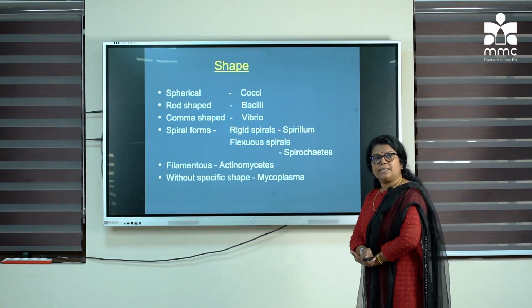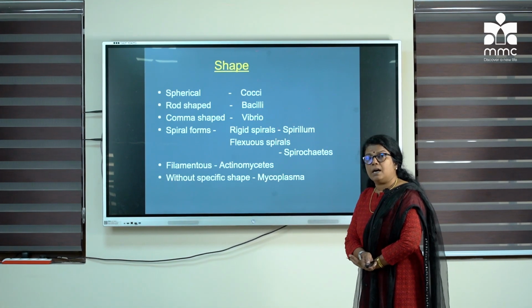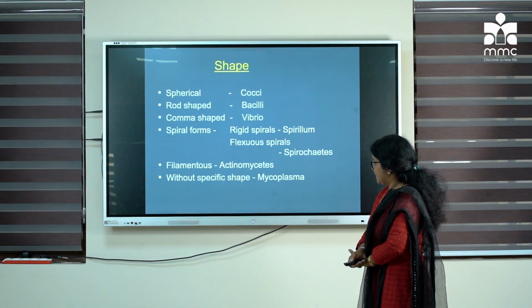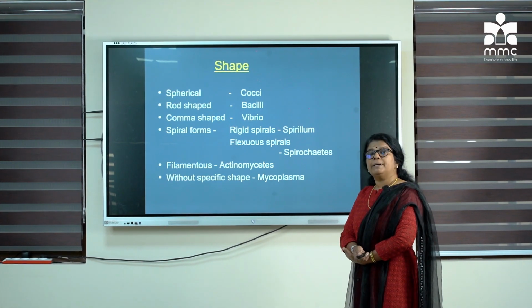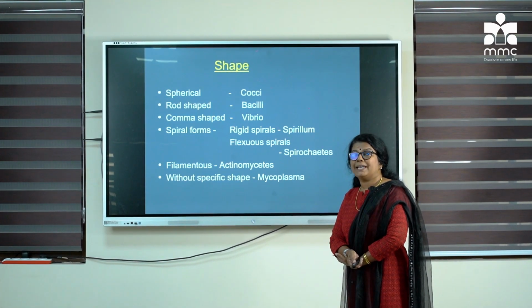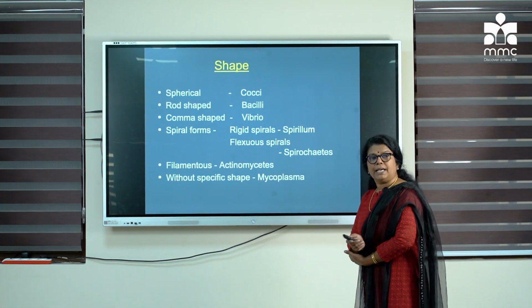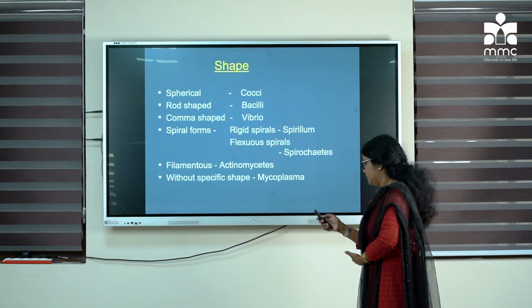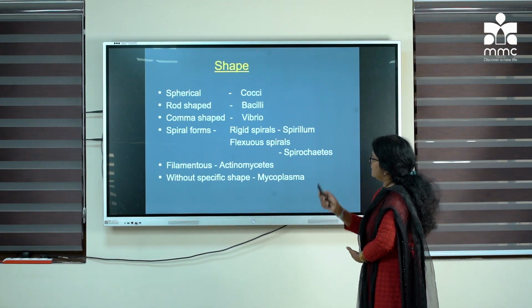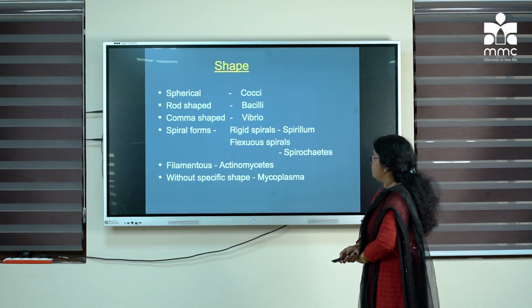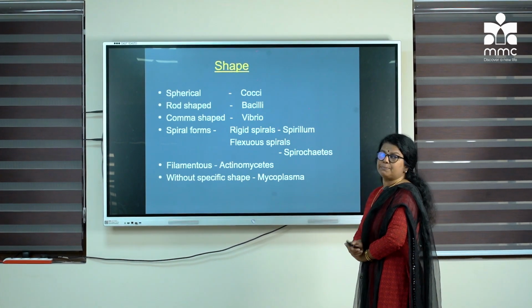Then filamentous and long branching bacteria are also there, and they are actinomyces. Bacteria without any particular shape are known as mycoplasma, because they don't have a cell wall, so they can acquire any shape. So based on the shape, you have spherical cocci, rod-shaped bacilli, comma-shaped and spiral forms.